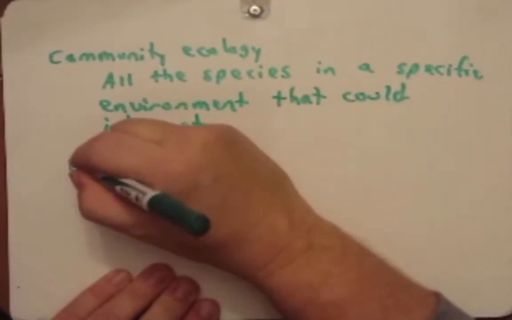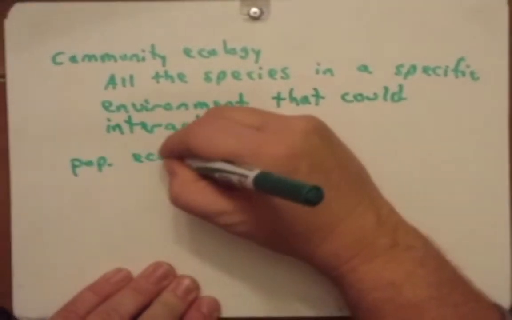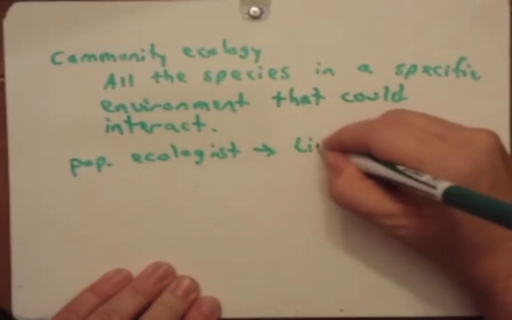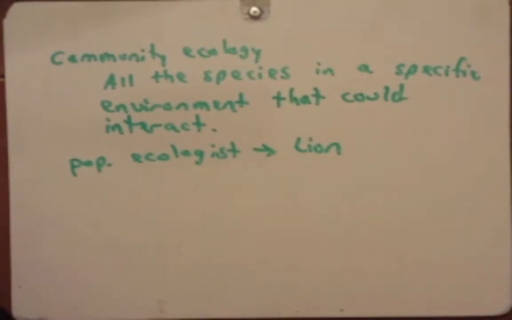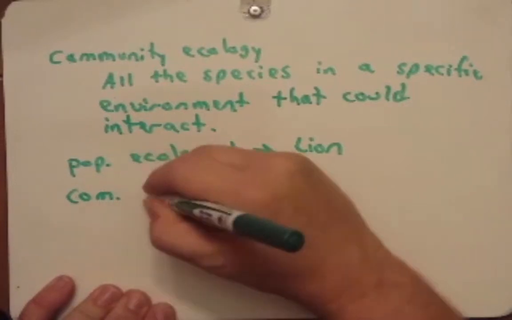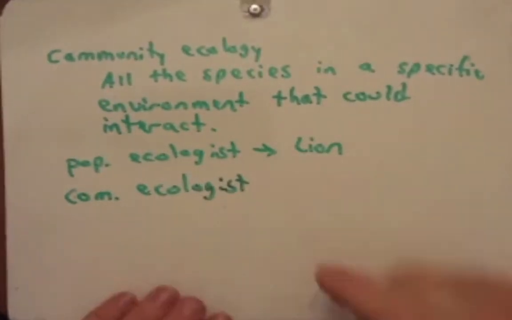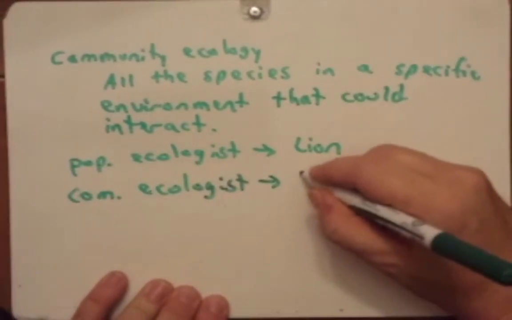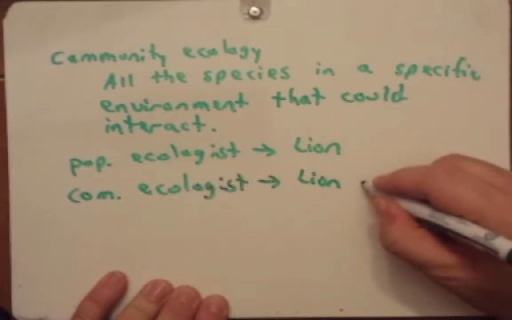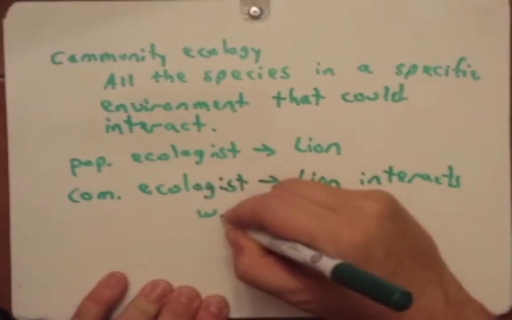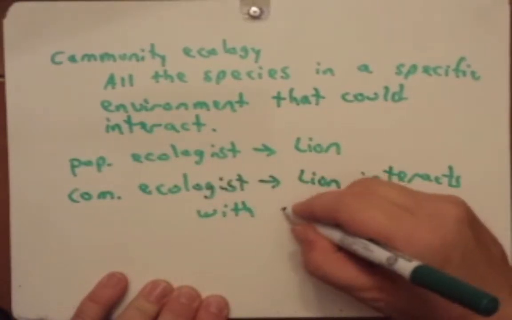So remember, a population ecologist might be interested in a lion within a pride of lions. So a group of lions, the same species, but a community ecologist is going to be more interested in addressing questions about how that lion interacts with other species.